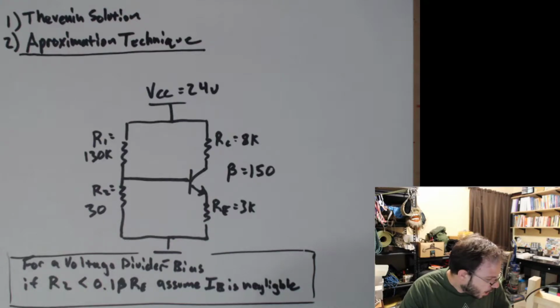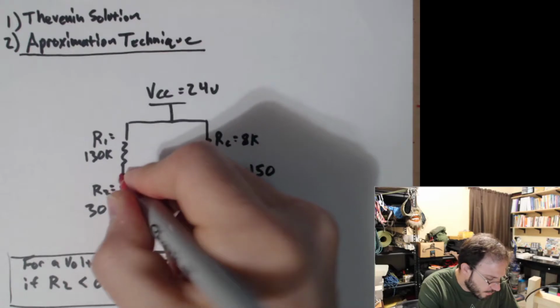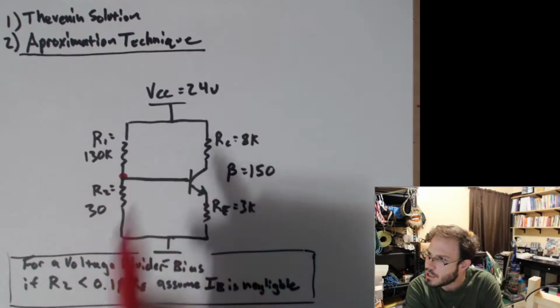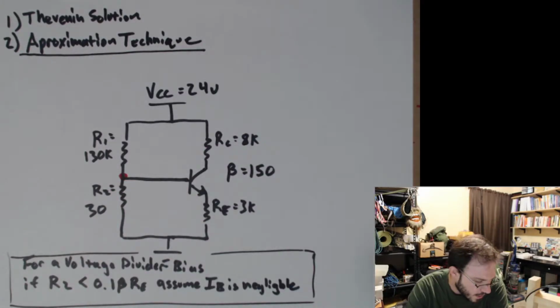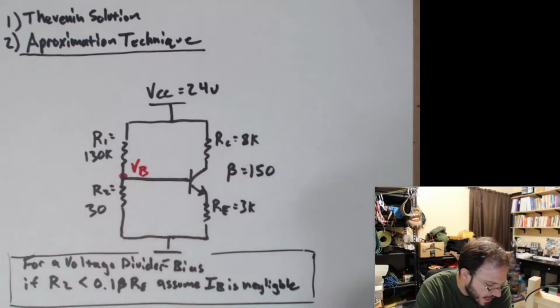Okay, so how do we do this? How can we go ahead and solve this? Well, if we assume that the IB is negligible, then we can just solve for the voltage at this point just using our voltage divider equation. So over here we have V sub B.